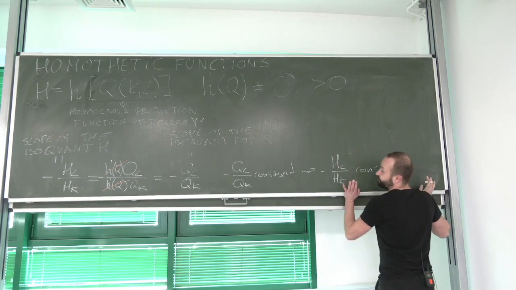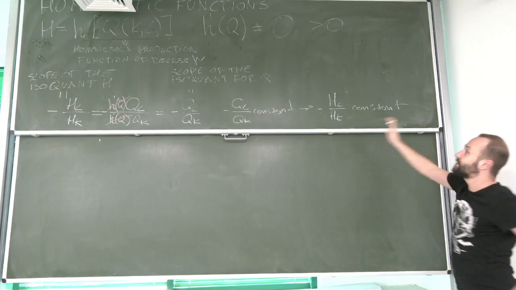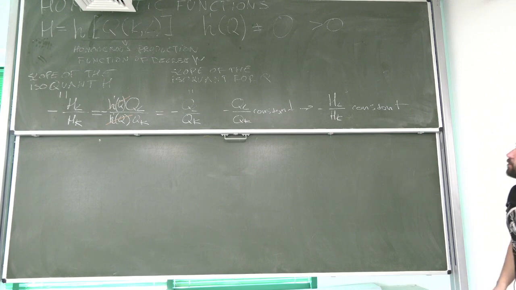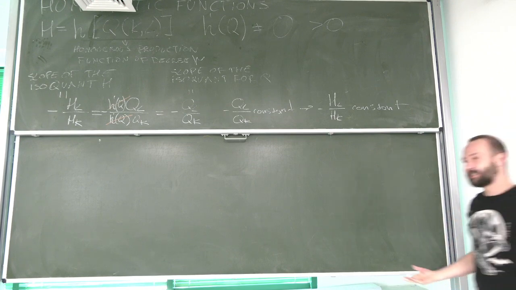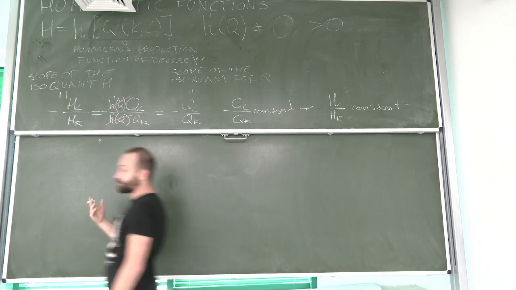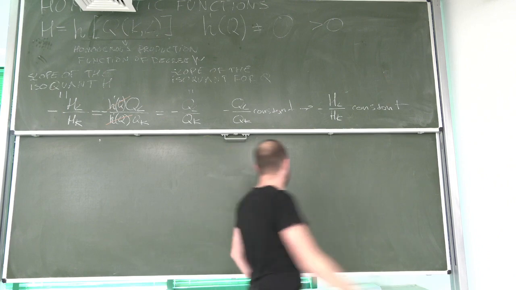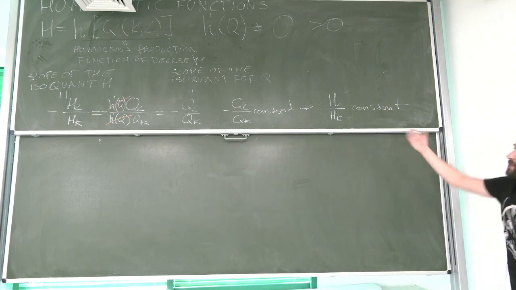So with constant slopes, we can get the same capital to labor ratios, and we will be able to get an expansion path that is linear.